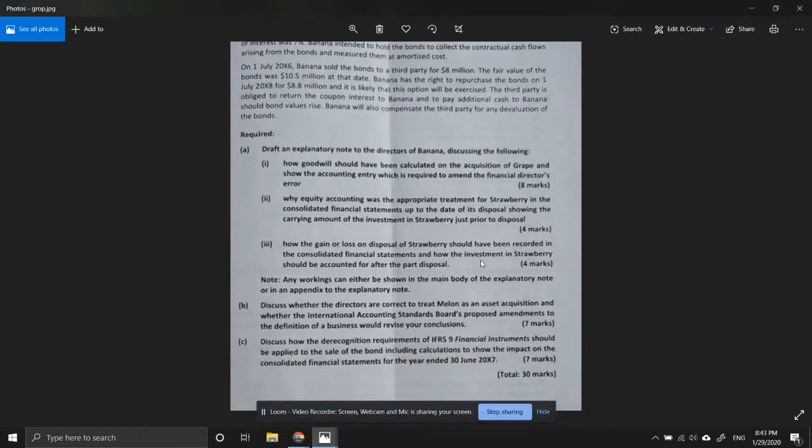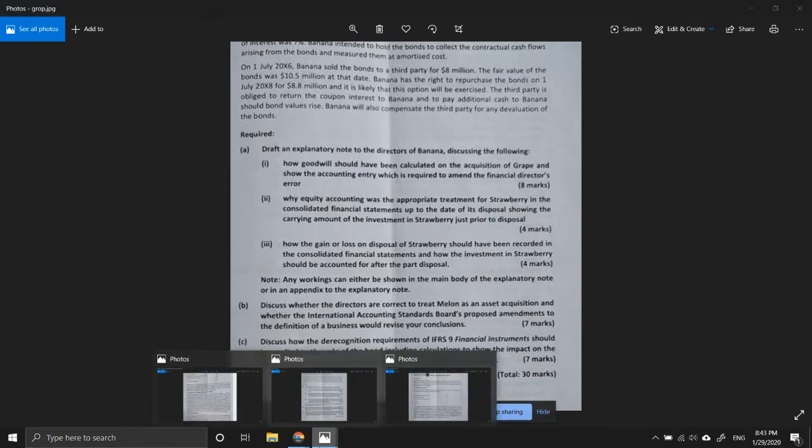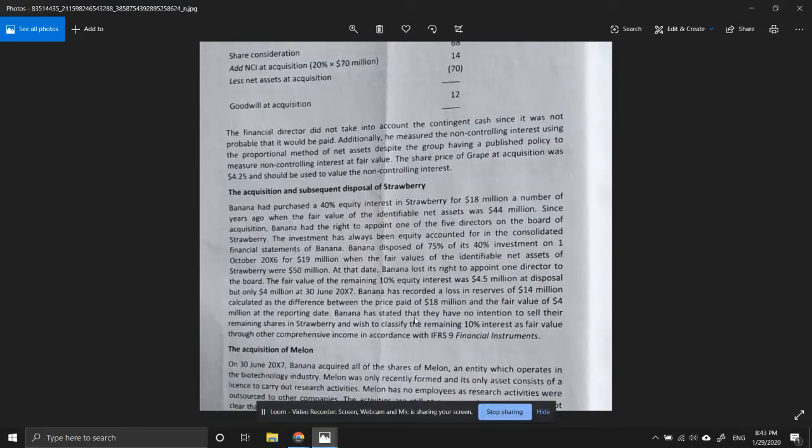So what does the question ask? How the investment in Strawberry should be accounted for. But we need to talk about this thing as well, the loss in reserves.